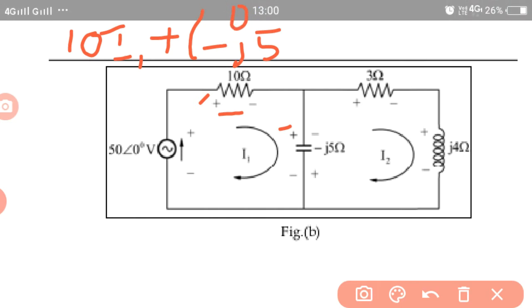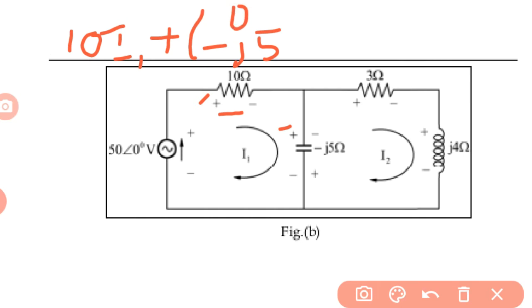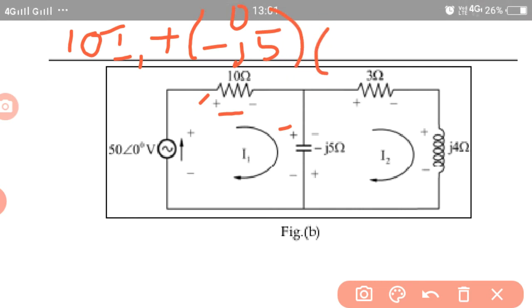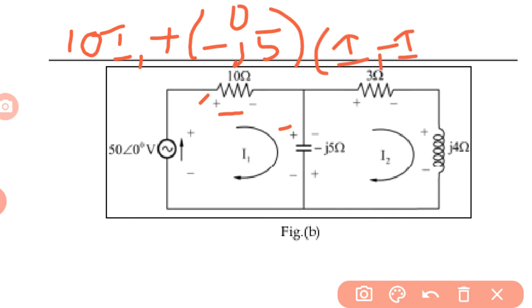Within this J5 ohm capacitive reactance, two currents will be flowing, I1 and I2. These two currents are in the same direction, clockwise. So that's why we write it as I1 minus I2.